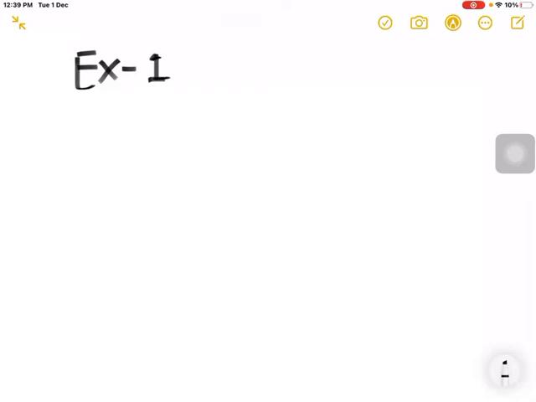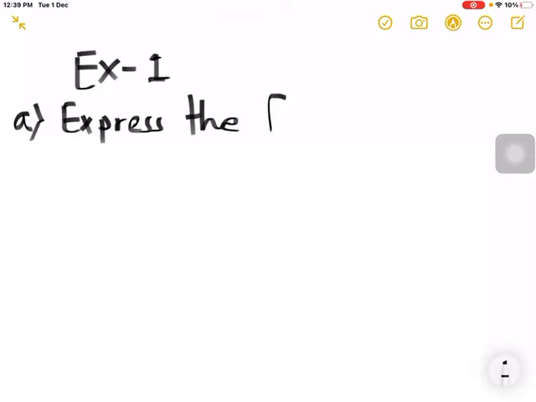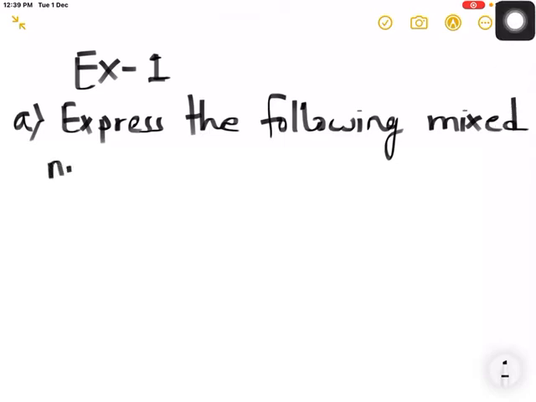Exercise 1a: express the following mixed numbers as improper fractions.